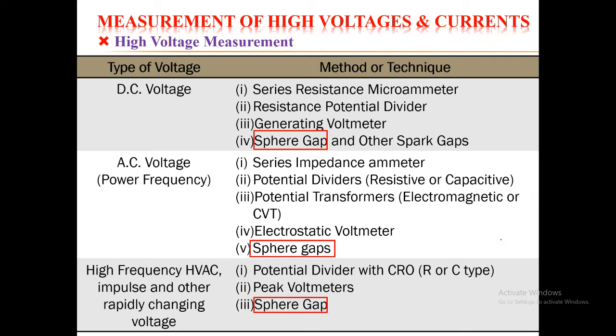The methods that we have discussed for AC voltages at power frequency, like the series impedance voltmeter method, resistance potential divider, capacitance potential divider, capacitance voltage transformer, and series capacitance voltmeters, all normally measure the RMS value of the voltages.